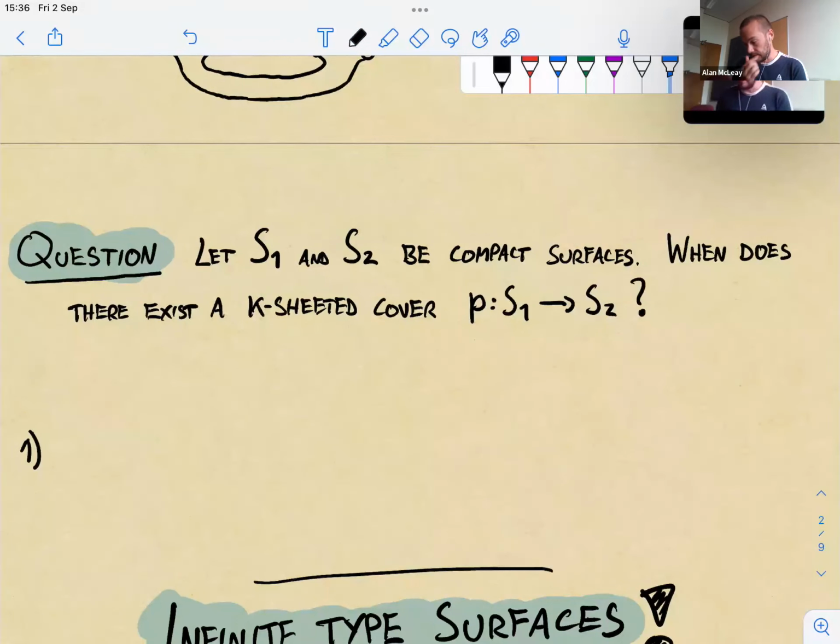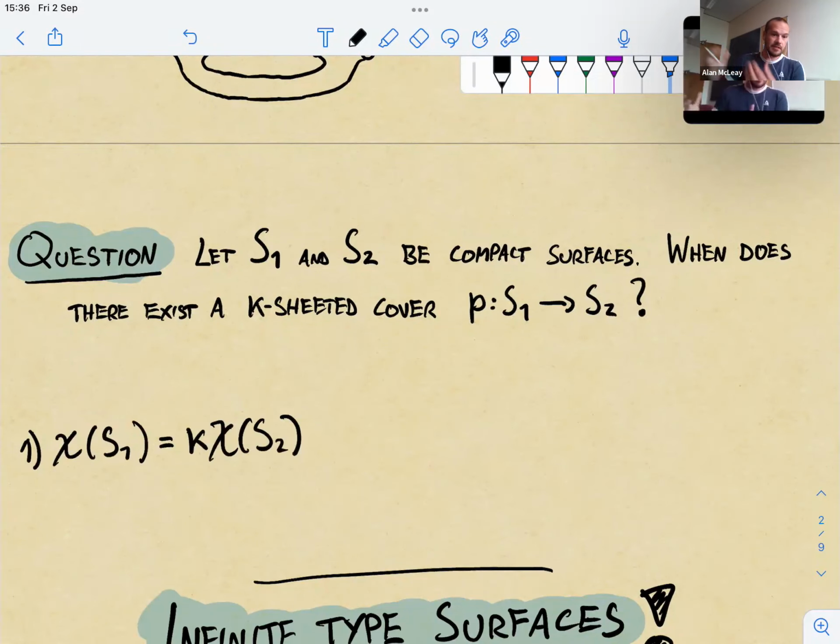The first one is that there's some relationship between the Euler characteristics of the 2 surfaces. There's k sheets of S2, so there's k things that will look like S2 upstairs, and this is reflected in the Euler characteristics.